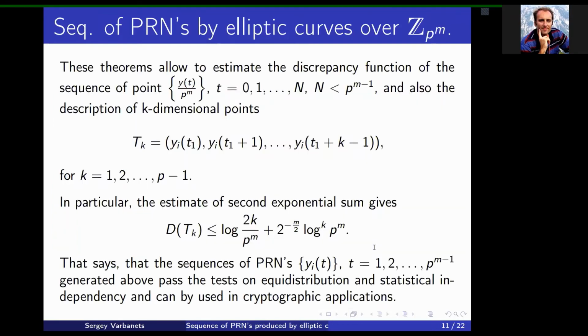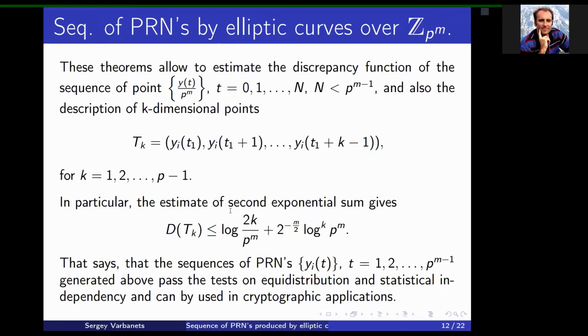So this theorem allows us to estimate the discrepancy function for the normalized points y(t), and also the description of k-dimensional points.